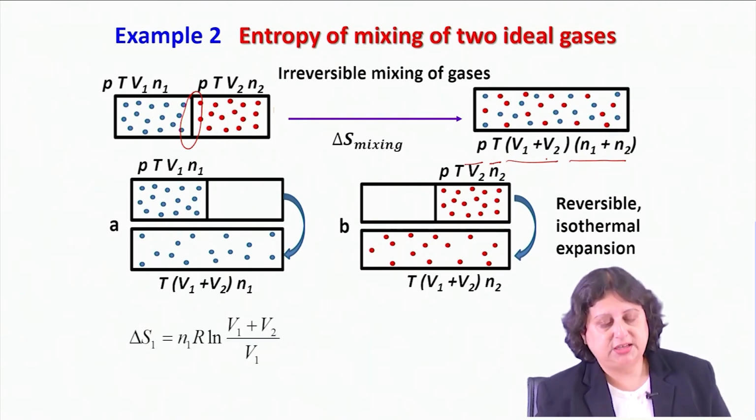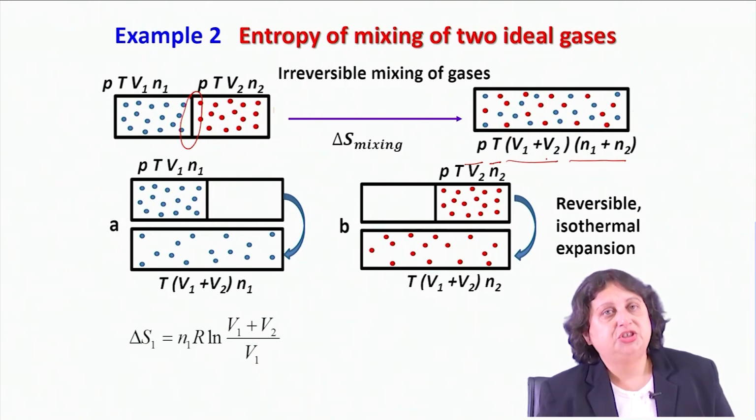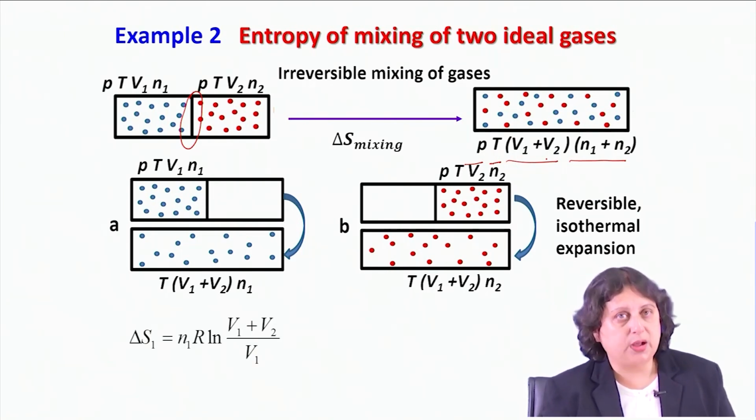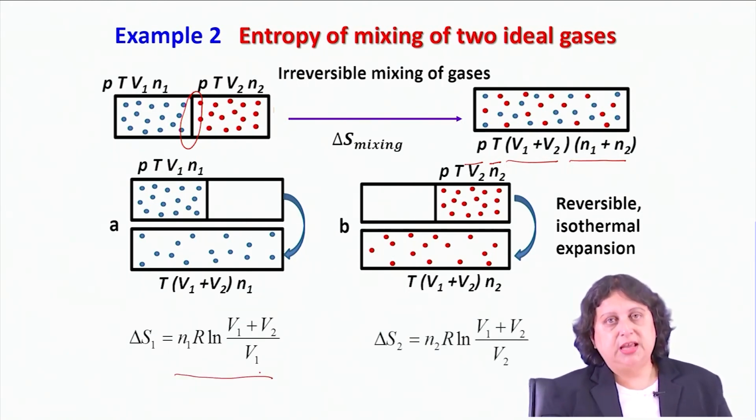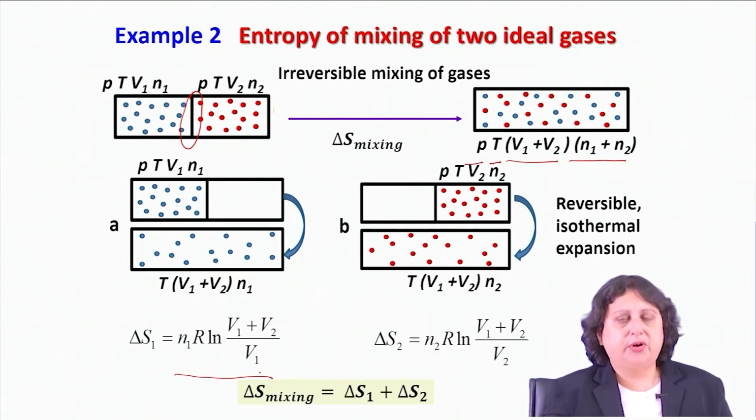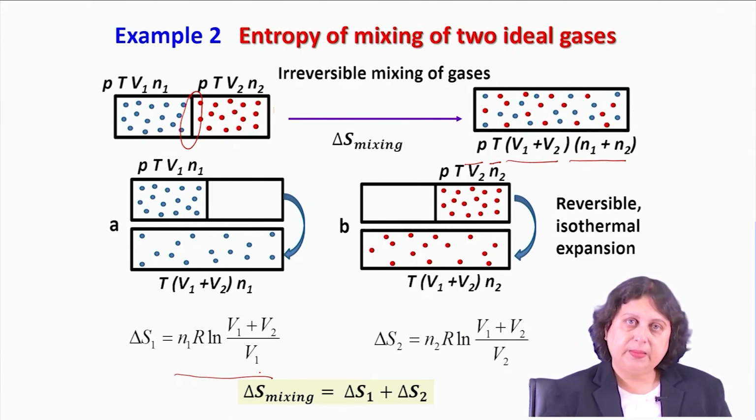So under such condition, what is going to be the change in entropy for my gas 1, which is colored in blue? That will be given like this. And the corresponding change in the entropy of the red gas, gas 2, is going to be given by this. Usually for mixing, delta S mixing in this case will be given by delta S1 plus delta S2.